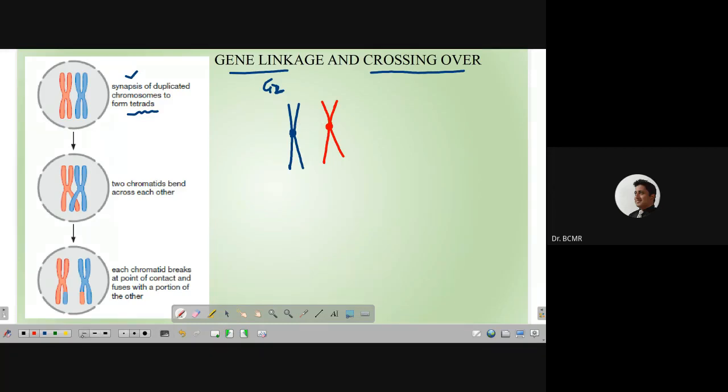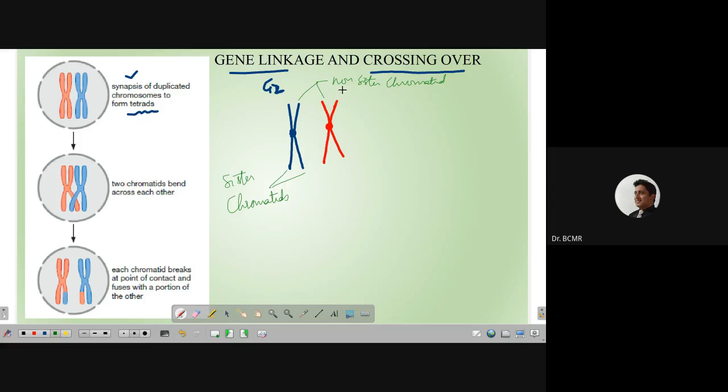Let me get this straight before we progress. These two would be called chromatids, right? They are sister chromatids. Whereas if you talk about this one and this one, they are non-sister chromatids. They have almost the same order, but there is some difference.